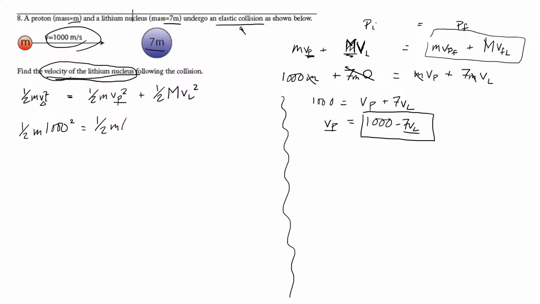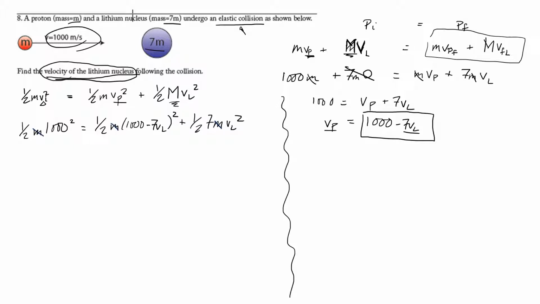So I'm going to write in 1,000 minus 7 VL squared plus 1/2 big M, which is actually 7m, times VL squared. Okay, that's a mess. But thankfully, I get to at least cancel out these m's.